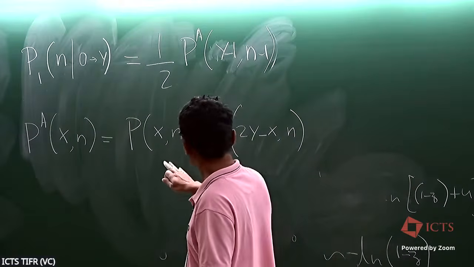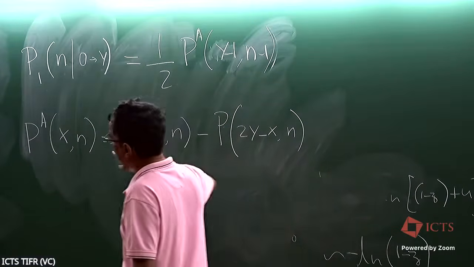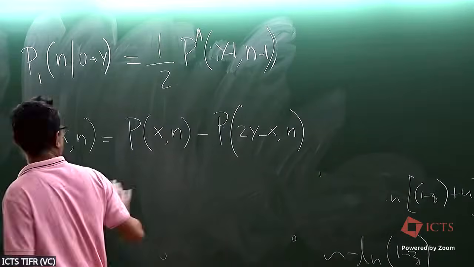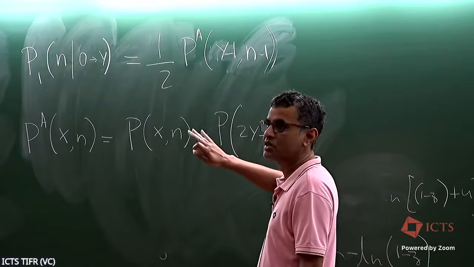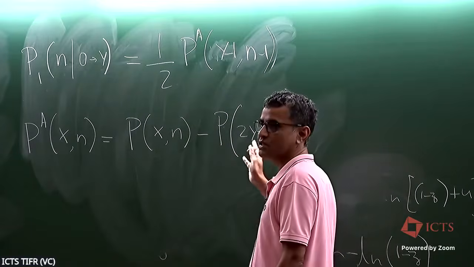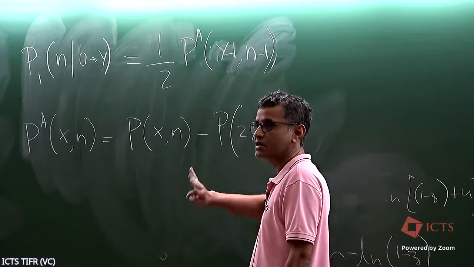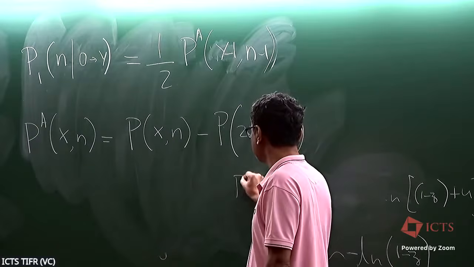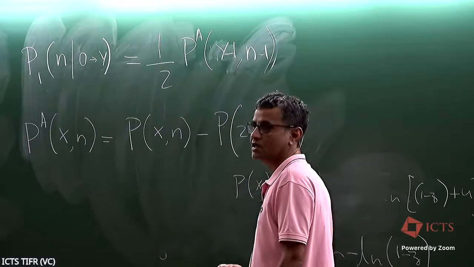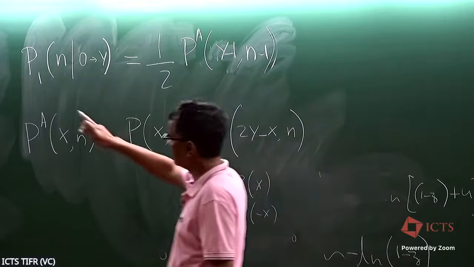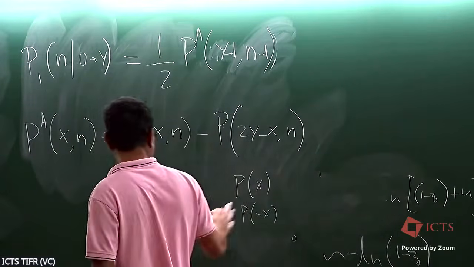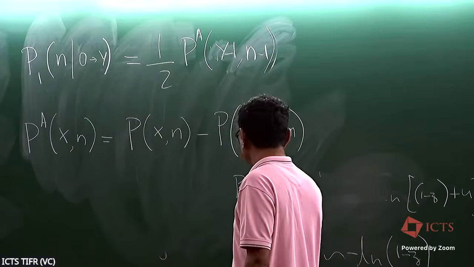First of all, this of course satisfies this equation, and this also satisfies this equation, because I'm just doing a translation and inversion. If P(x) is a solution of the random walk, P(minus x) is also a solution of this equation, and if I shift by some constant, that's also a solution.